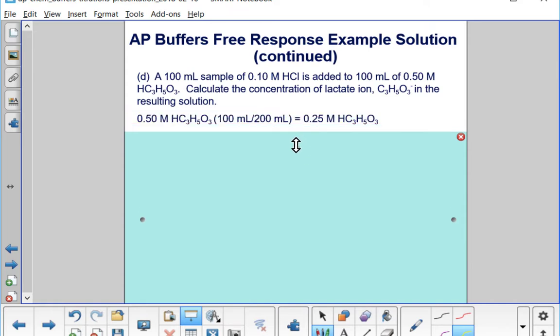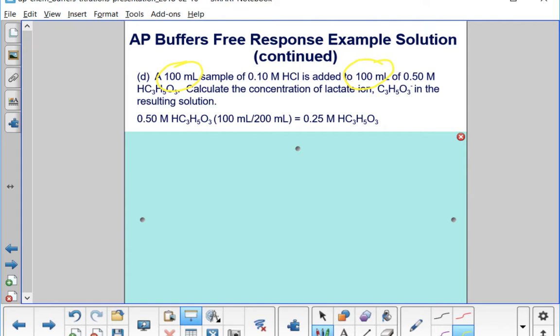Okay. All right, so first things first, I have to find my new concentration of lactate, because I changed the volume. So I started with a 100 milliliter sample of lactic acid, and I'm adding an additional 100 milliliters to the solution. So we can say, of course, M1V1 equals M2V2, since it's a monoprotic acid, to find the concentration after the new volume is added.